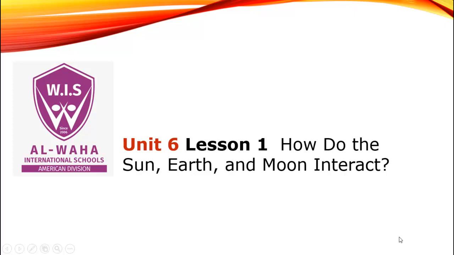Today we will continue Unit 6, Lesson 1. How do the Sun, Earth and Moon interact? I told you in the last session that the Earth and Moon have two movements. The Earth has revolution and rotation: the Earth's rotation is when the Earth turns on its axis, and the Earth's revolution is when the Earth revolves around the Sun.